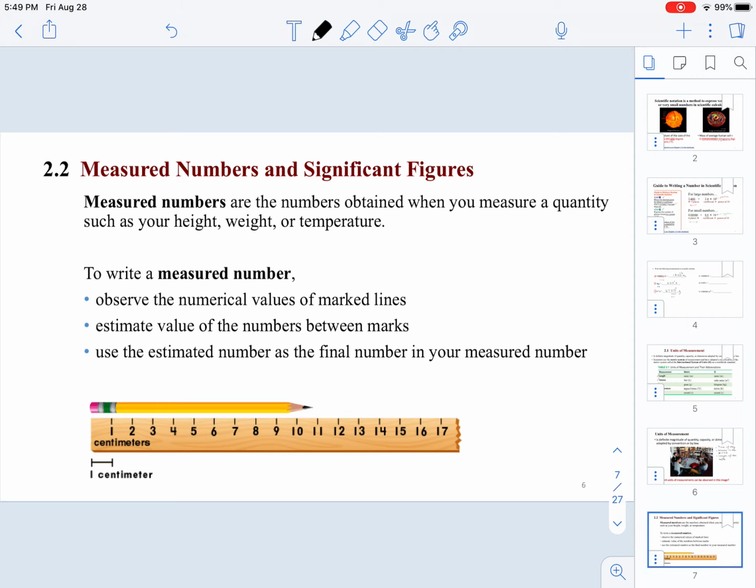When you write a measured number, understand that there's going to be different numerical values that must be present in this measured number. As you can see, we are going to be writing first what we can observe, those numerical values that are in the marked lines, and those are known as known digits.